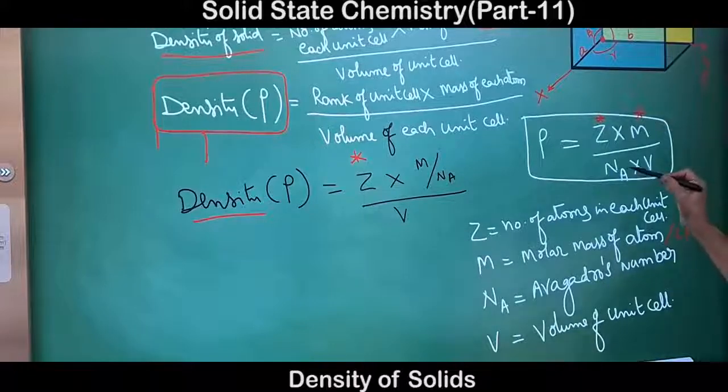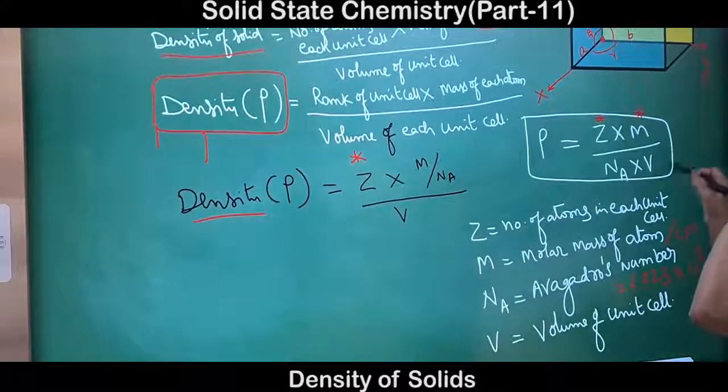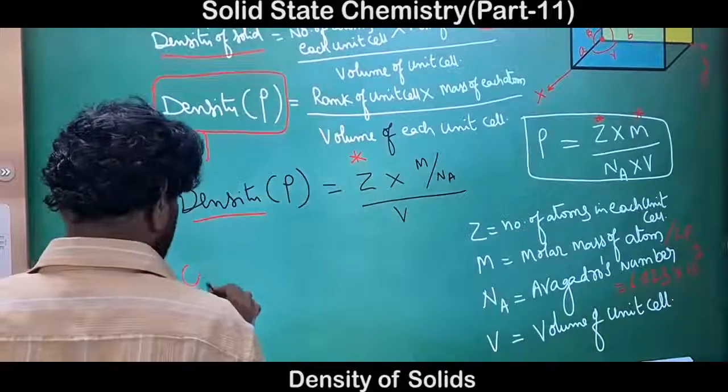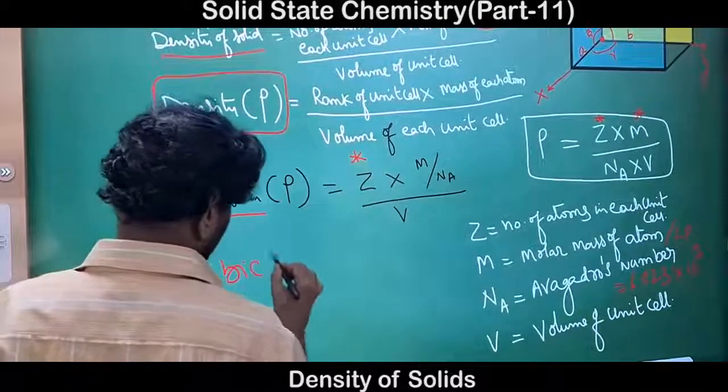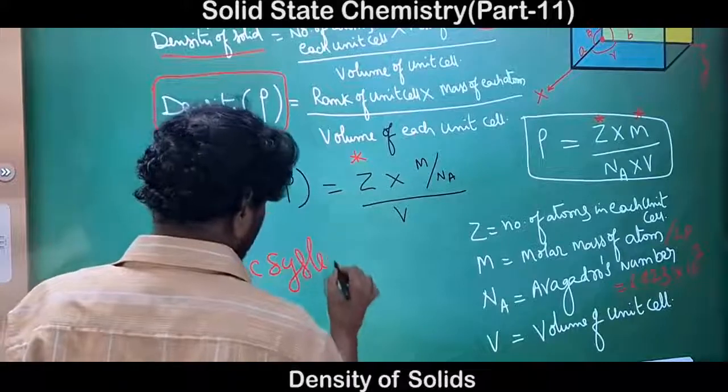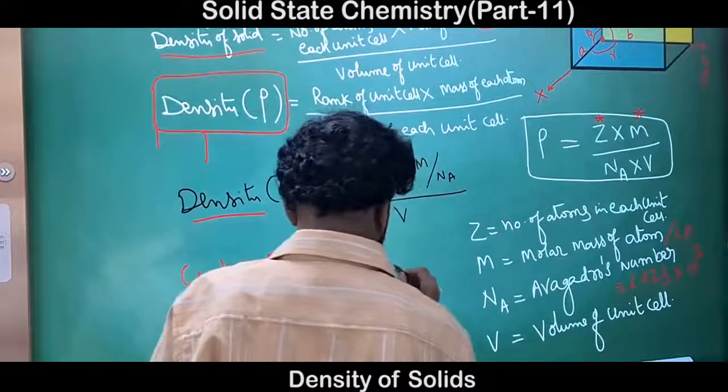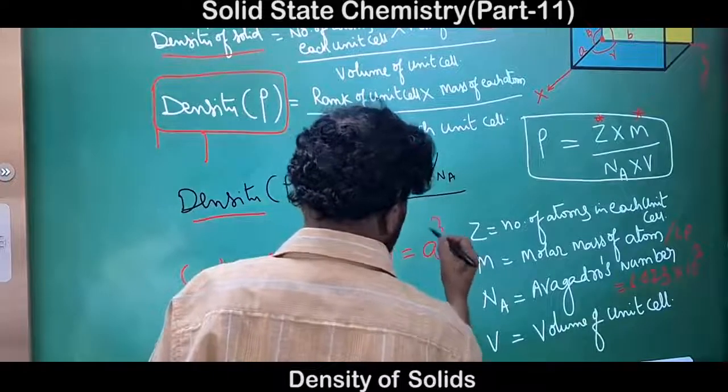NA is the Avogadro number, which is 6.023 into 10 to the power of 23. So this by this is equal to the mass of each atom. V is the volume of the unit cell. For a cubic system, A is equal to B is equal to C, that is V is equal to A cube.